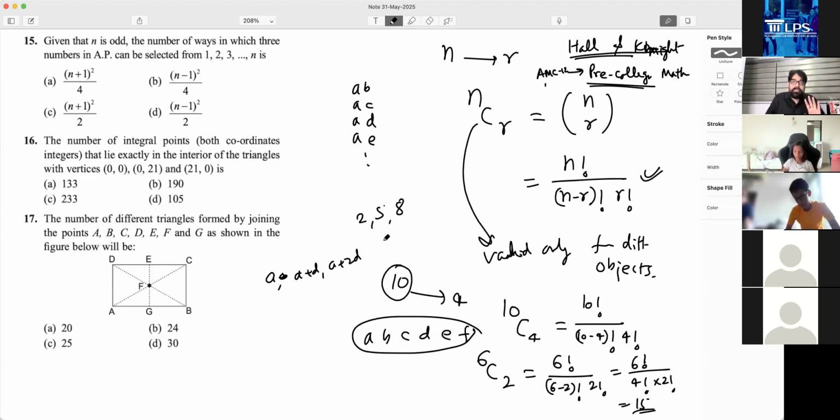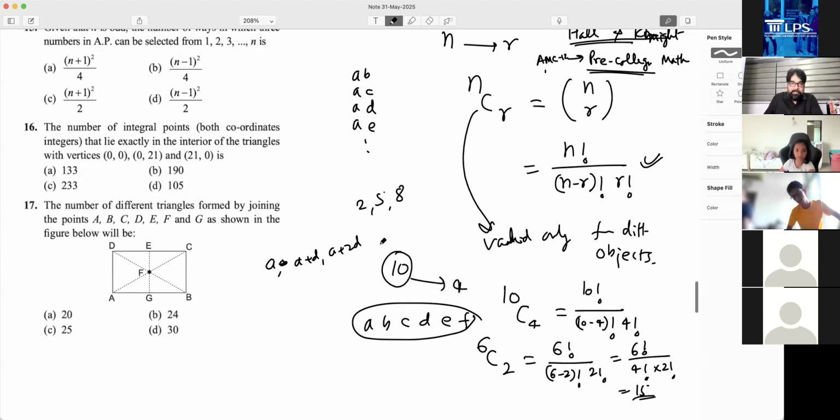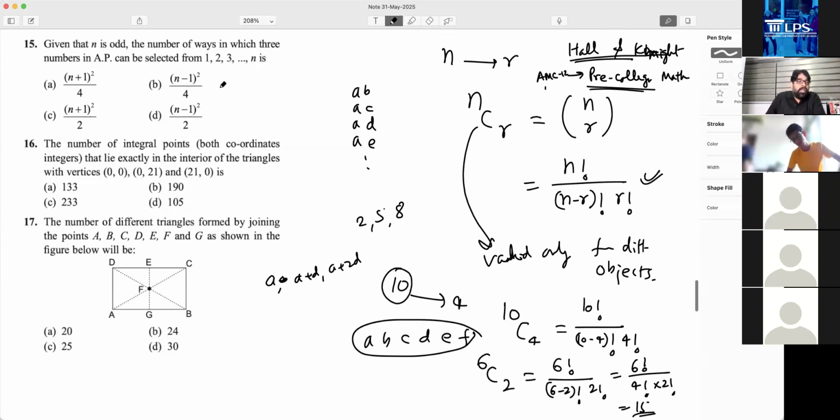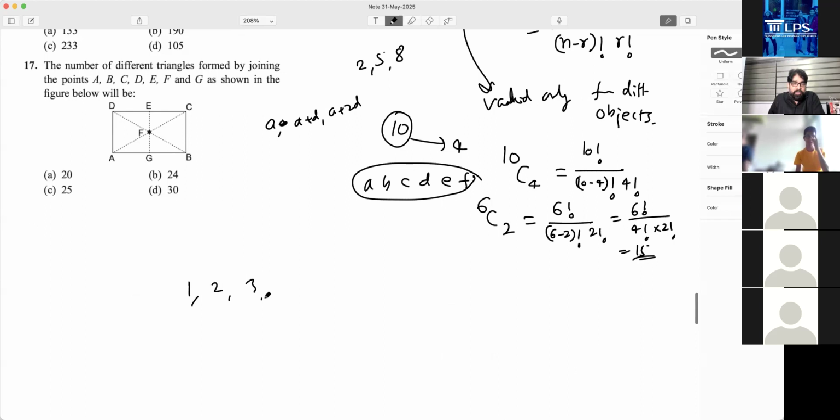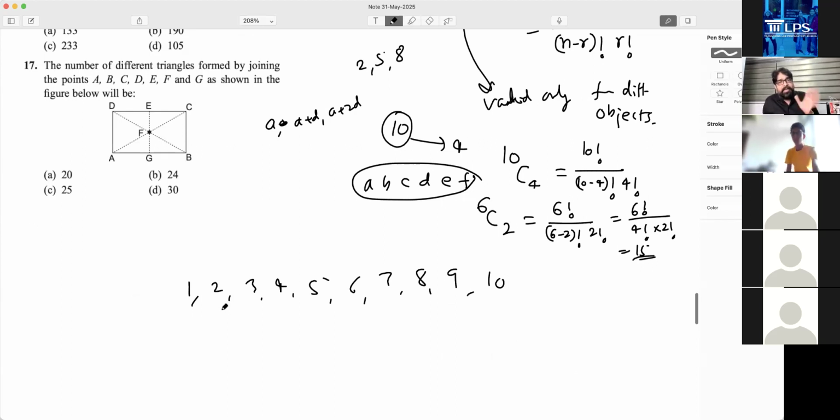Now I have to select three numbers. Think very carefully. If you select any two numbers randomly, just take an example: if I have 1, 2, 3, 4, 5, 6, 7, 8, 9, 10, 10 numbers. Select any two numbers except 9, 10.